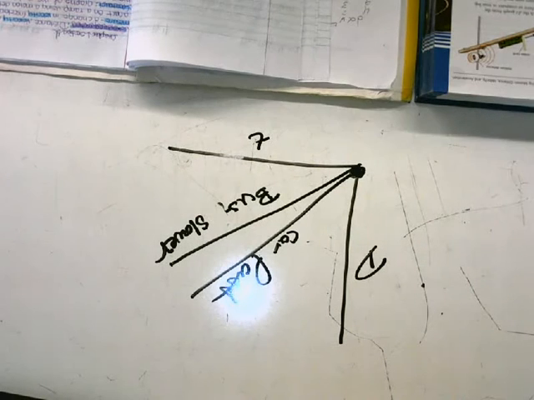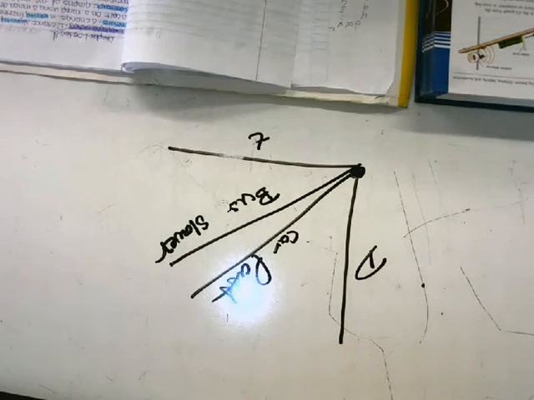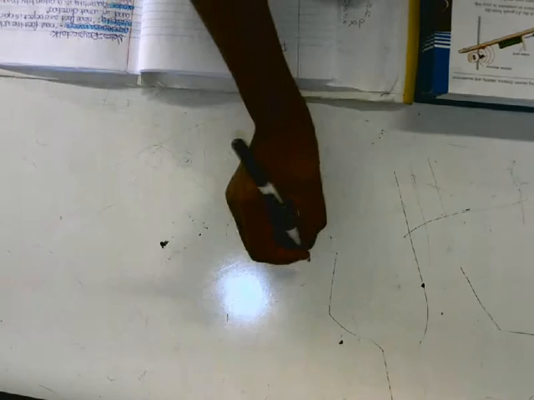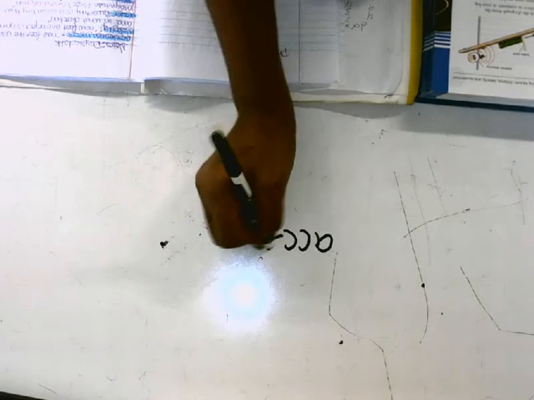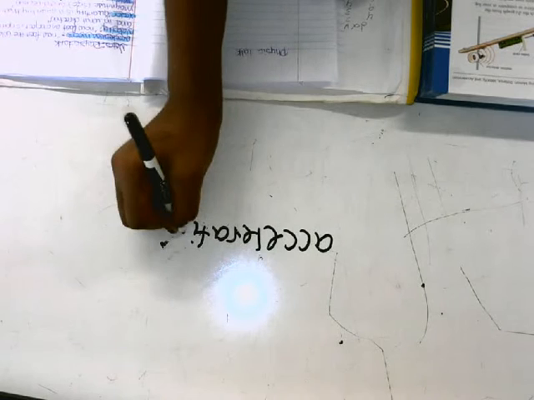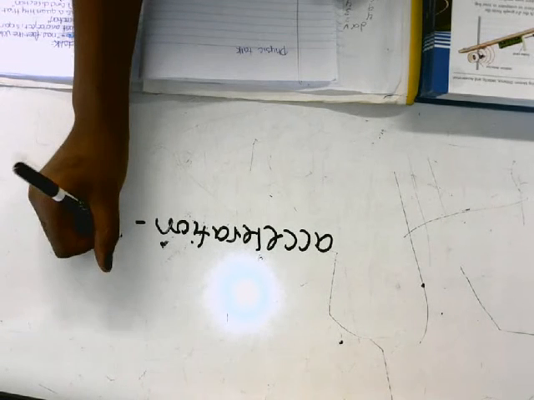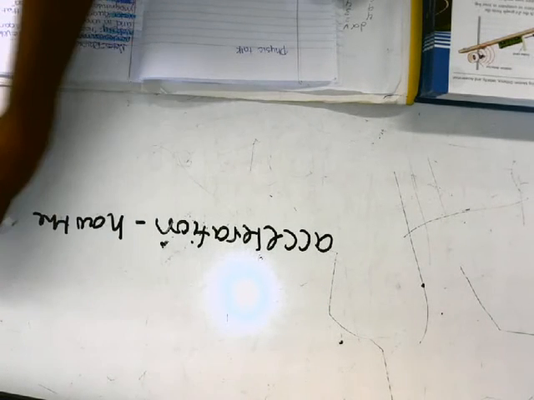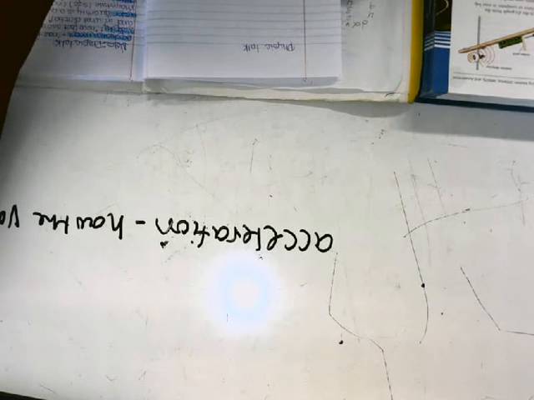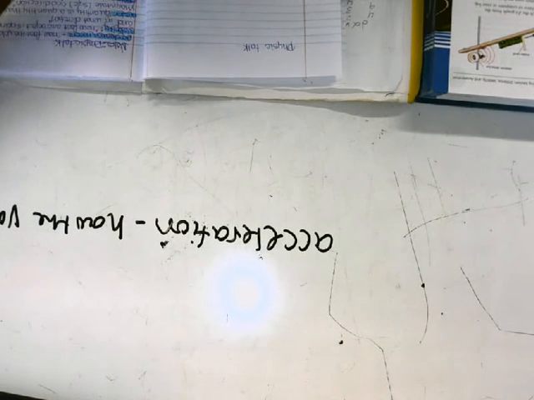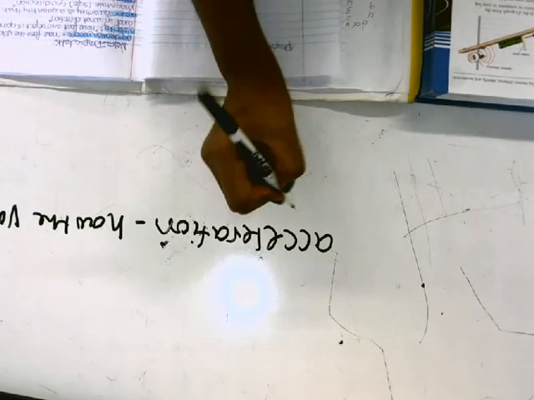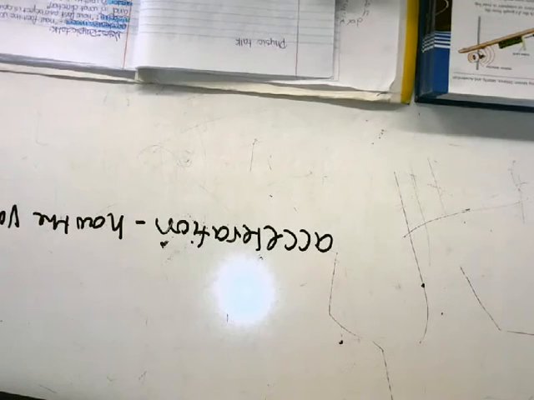Next, I'm going to talk about what acceleration means. Acceleration is how fast the velocity changes, which basically means if a car is stopped, and then it hits the gas and is speeding up, it's accelerating forward.